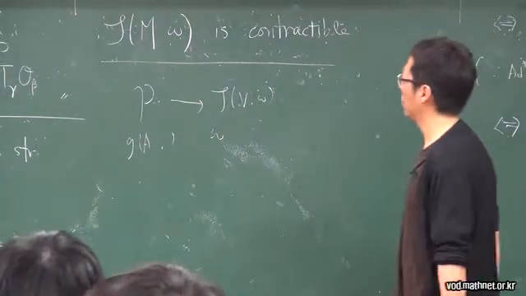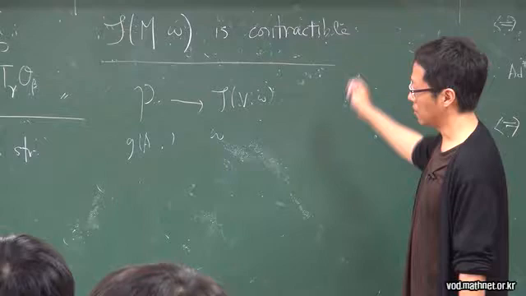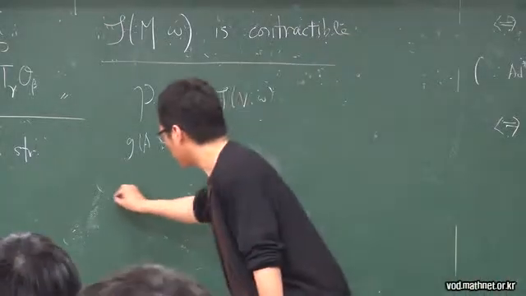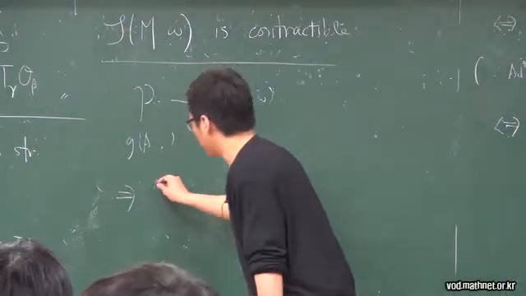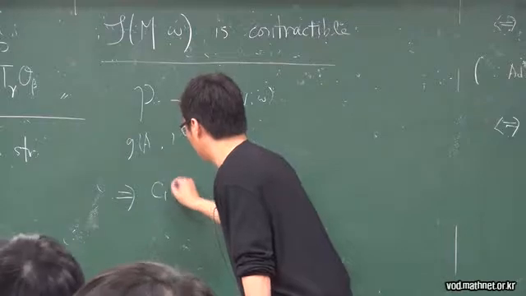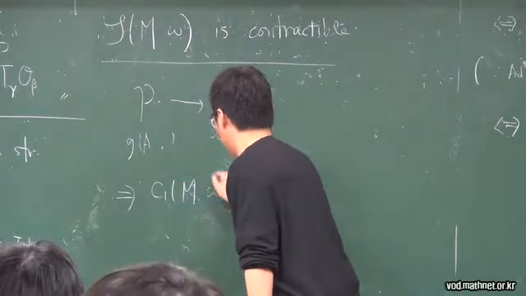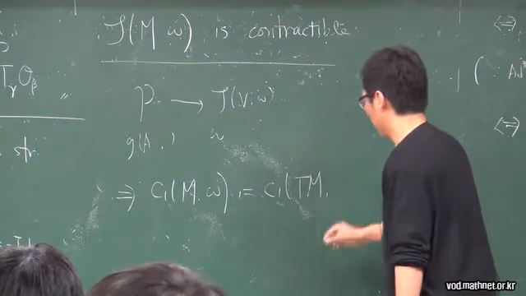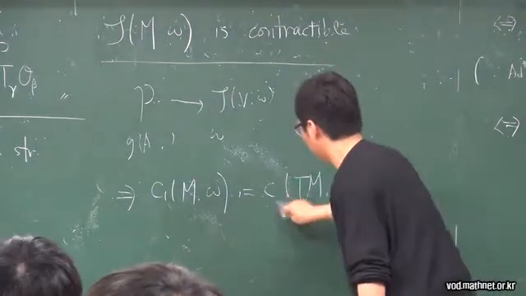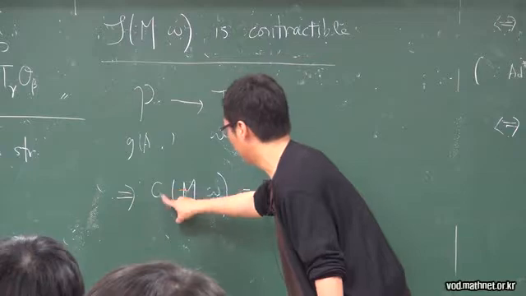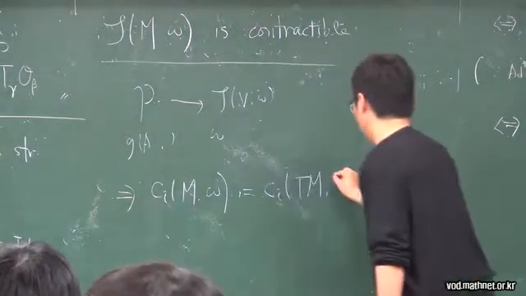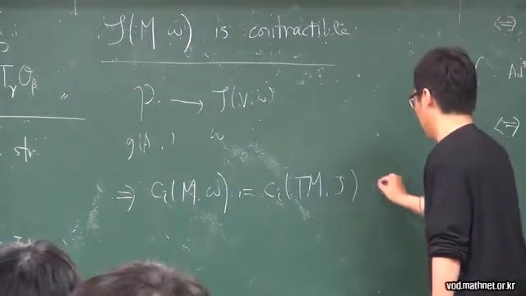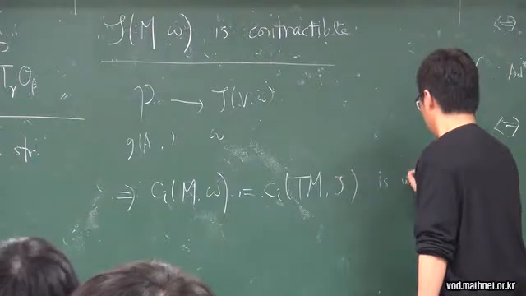Everything is the same. So we conclude that this space is contractible. So which enables us to define the first Chern class. So c1(M, omega), which is defined as the first Chern class of the tangent bundle, any Chern class c_i of J is well defined.